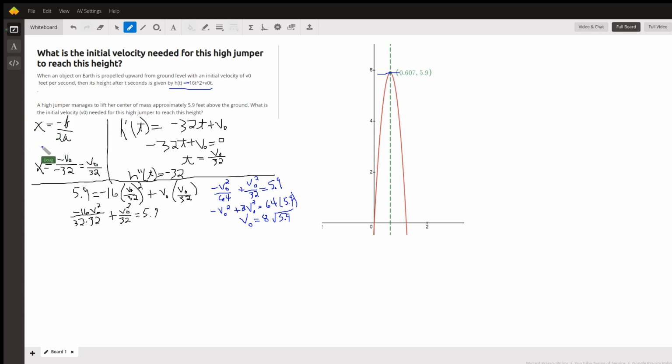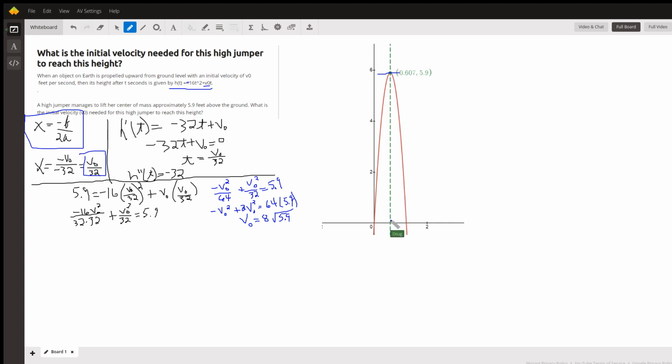And the formula for the axis of symmetry of an up or downward opening parabola is the opposite of b over 2a. In this case, b is v sub 0, so the opposite of b over 2a, negative 32. So there is the axis where the axis of symmetry occurs, x equals v sub 0 over 32.